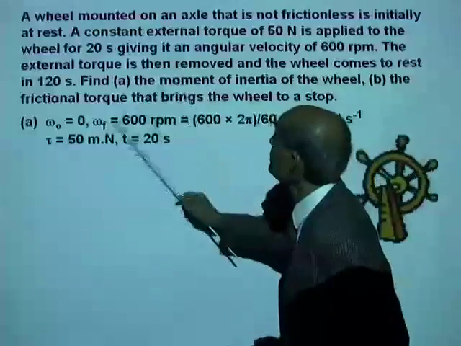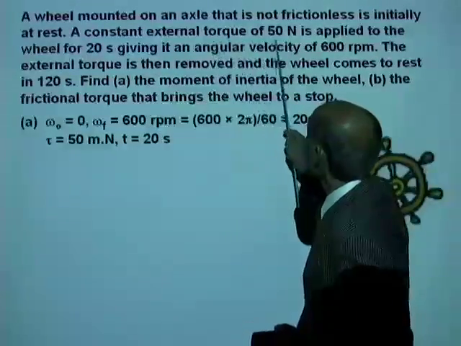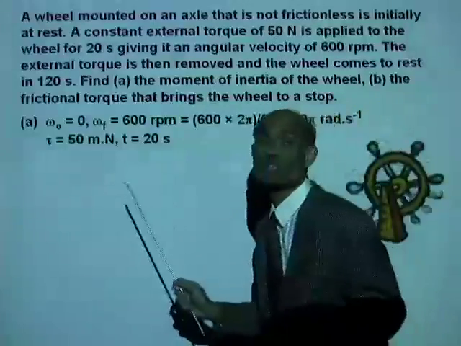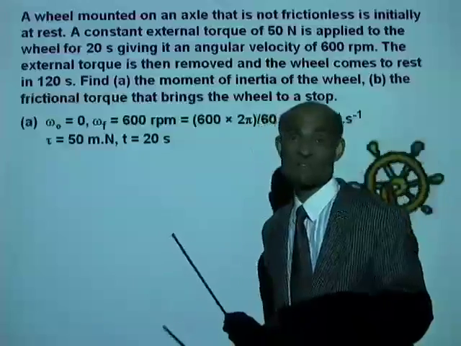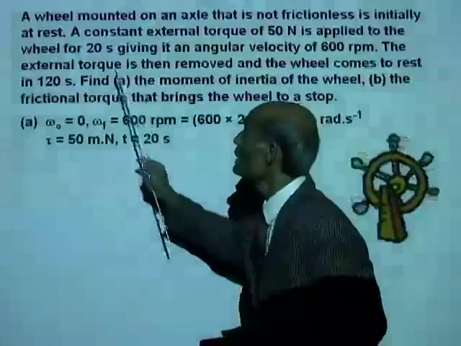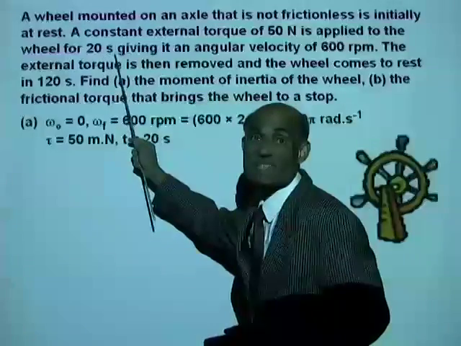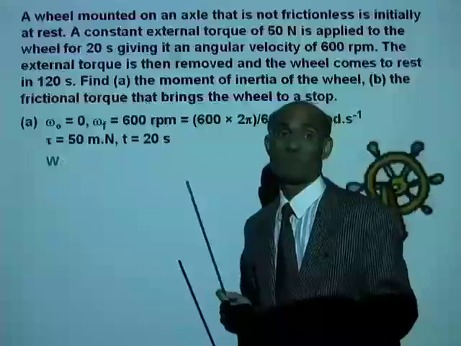Tau equal to 50 meter newton. The external torque applied is 50 meter newton and the time is 20 seconds, giving it this angular velocity.